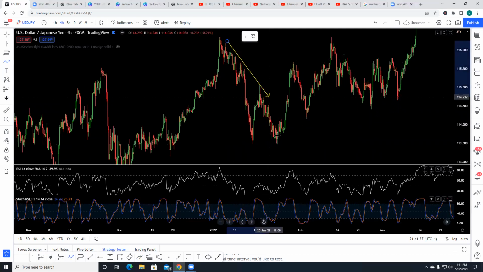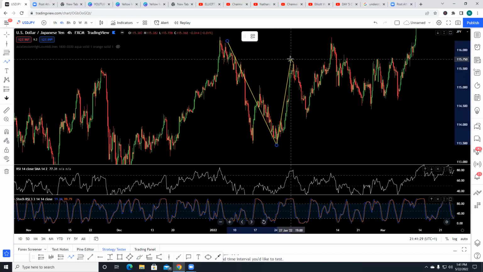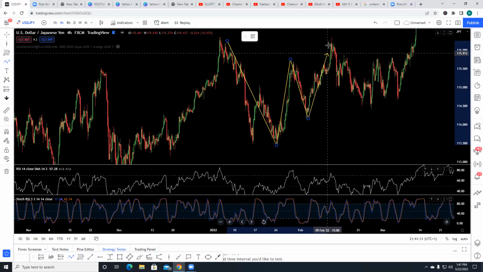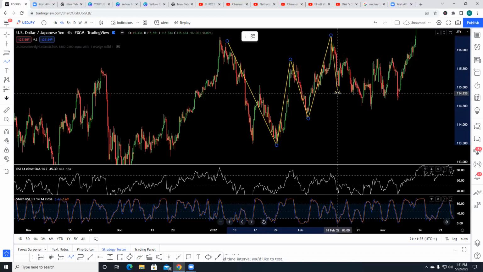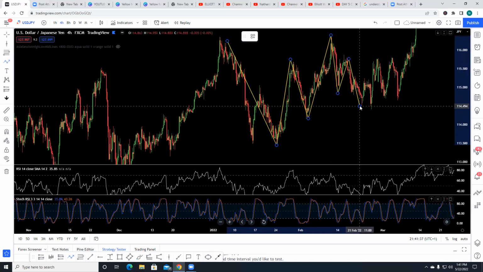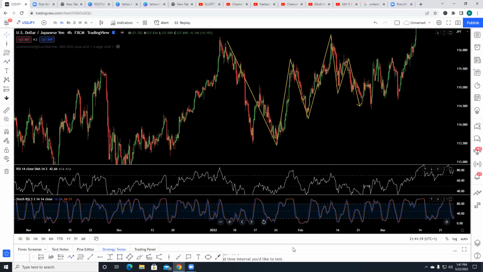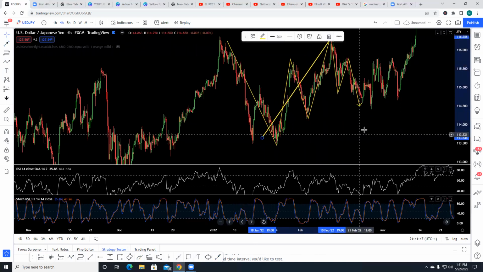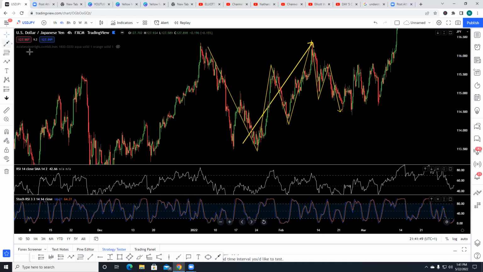Because this one is the same move to the downside. You have 1, 2, and 3, and then this one is corrected in 1, 2, and 3. Can you see? So this is an entire wave here. Let me show you real quick, guys. This 1, 2, 3 move to the upside is just one wave, and then it is corrected 1, 2, 3.